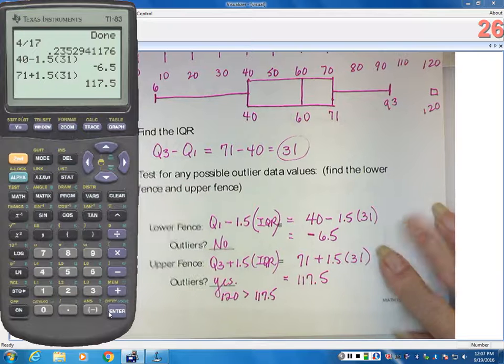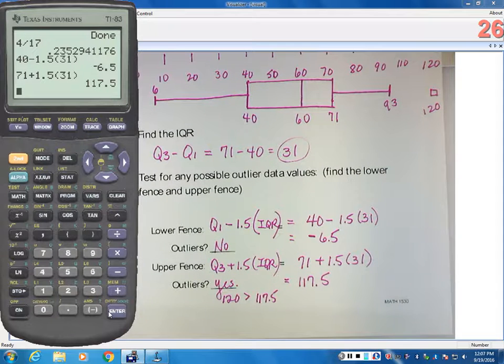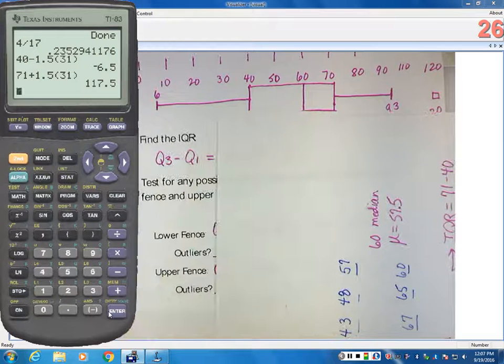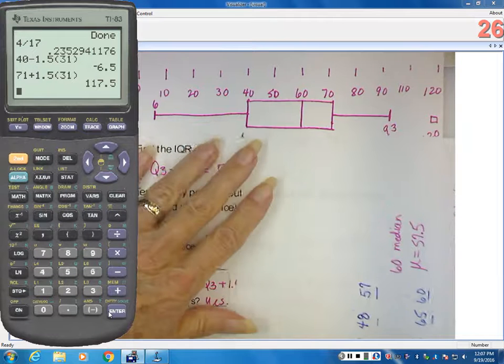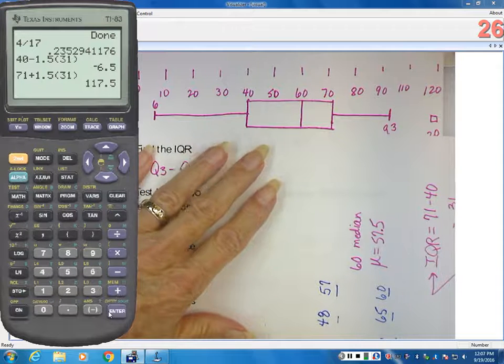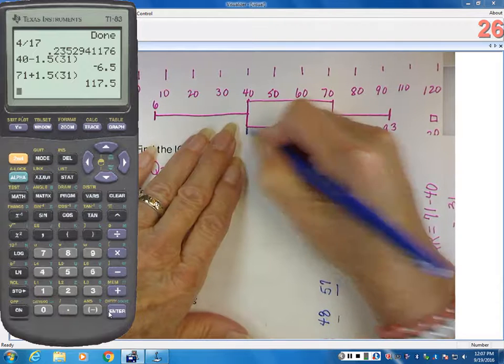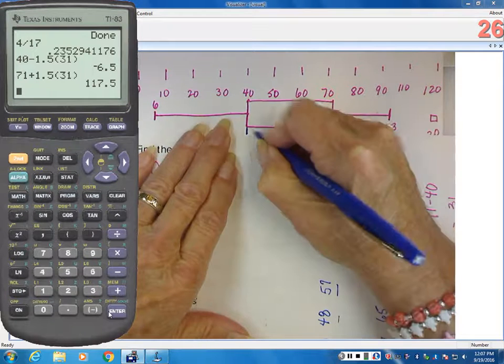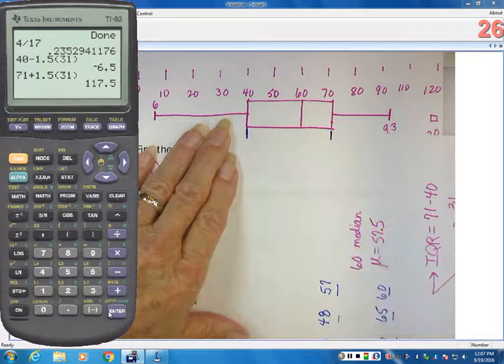And if I can sort of visually help you with this, thinking about what those fences are and why they are what they are. This distance right here is actually the IQR.